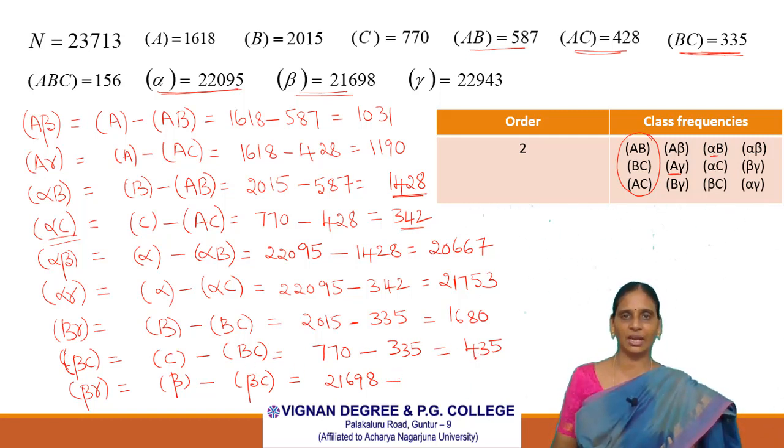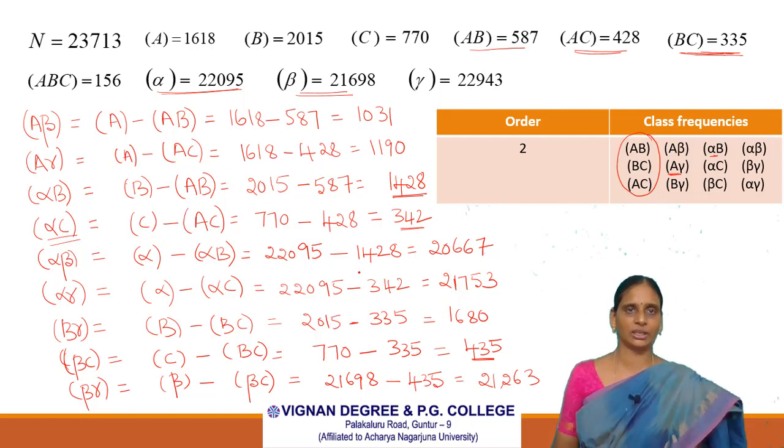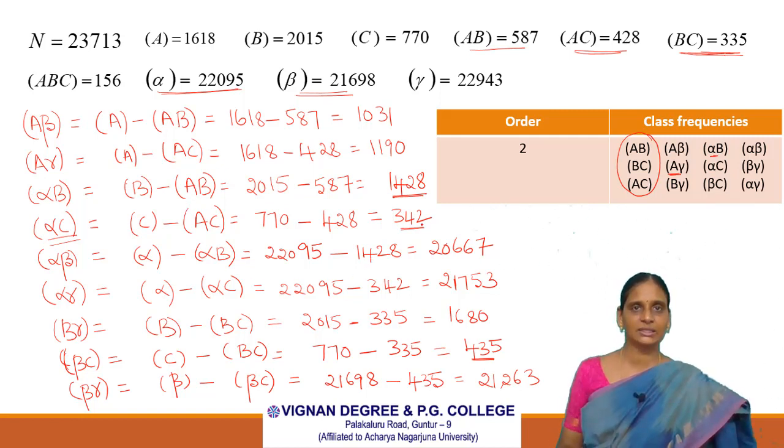Frequency of βC value is 435. So after the subtraction of these two values, we get 21,263. So here the remaining class frequencies we have calculated in the second order.